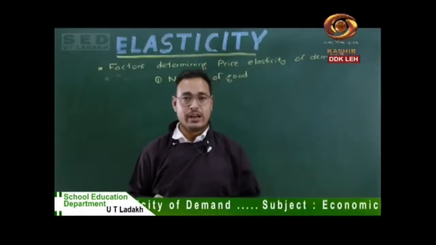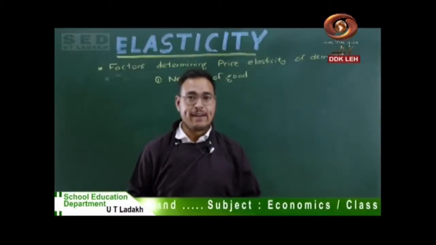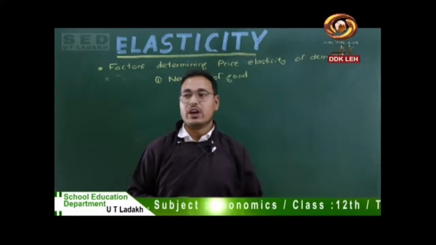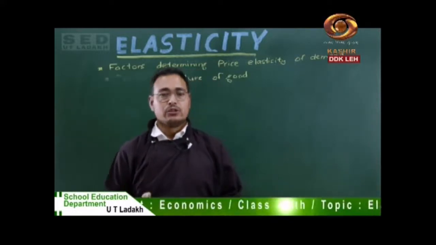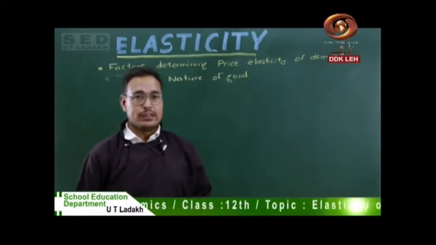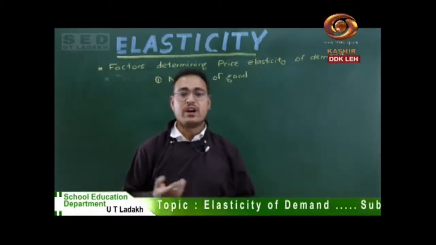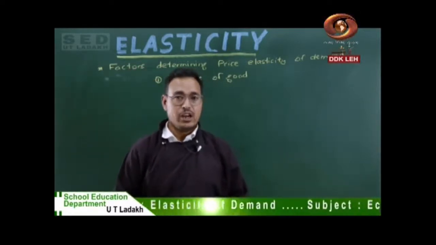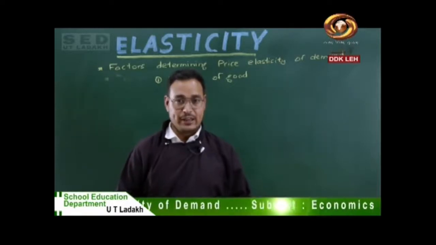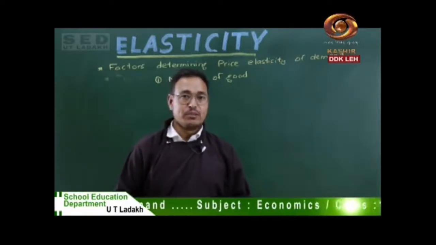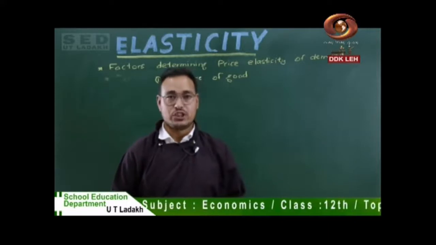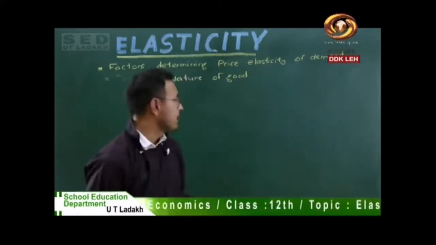Some goods are luxury, some goods are necessity. By necessity we mean we have to consume it. So whenever your good is a necessity, you have inelastic demand, and whenever your good is a luxury, you have an elastic demand. That means a certain change in price will cause a large degree of change in your quantity demanded.